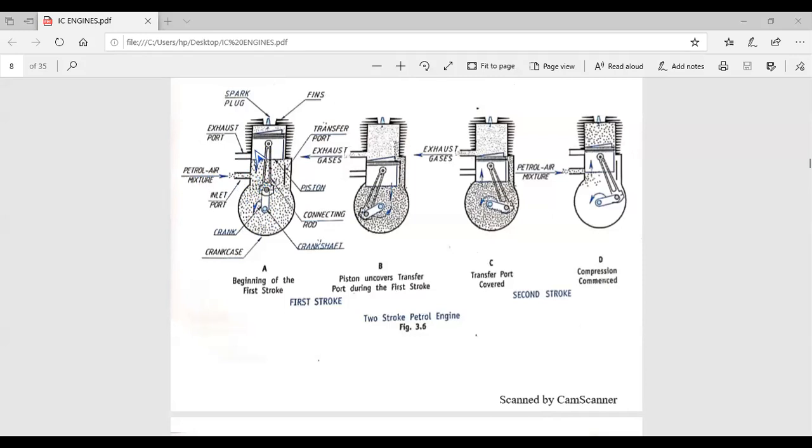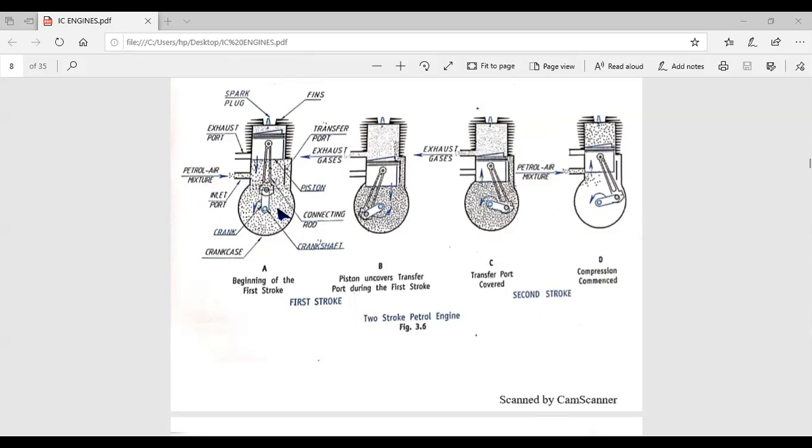Remember, the vacuum is created inside the cylinder because of the movement of the piston from bottom to top and top to bottom. All of you observe here the piston at the EDC, because the vacuum is created here, the petrol and air mixture coming from the carburetor is sucked inside.